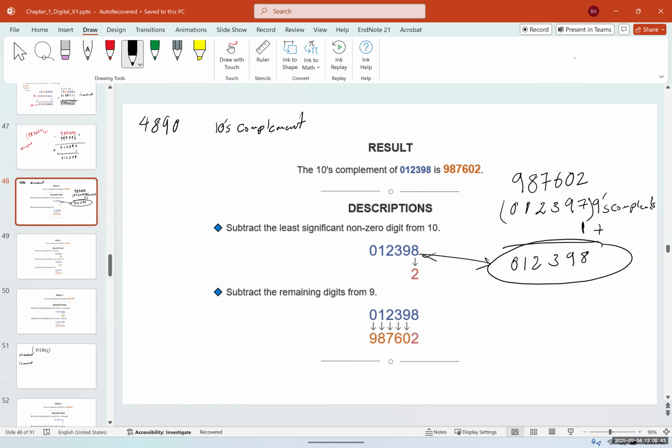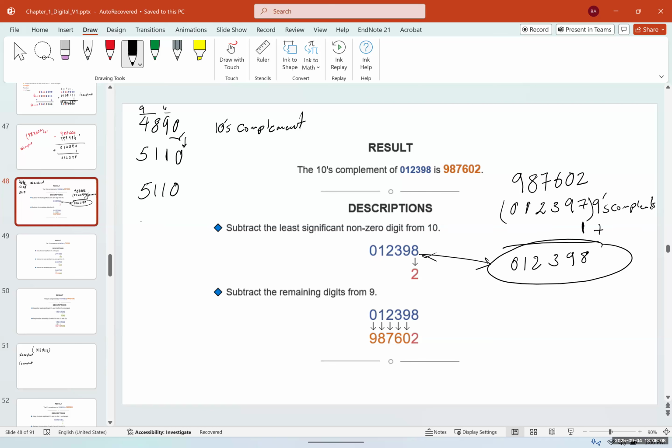So in this case, you just leave the first 0, you transfer that. And the second number, you subtract from 10. So 10 minus 9 is 1. And the rest you subtract from 9. So this is going to be 1, and this is going to be 5. So 5110 would be the 10's complement.